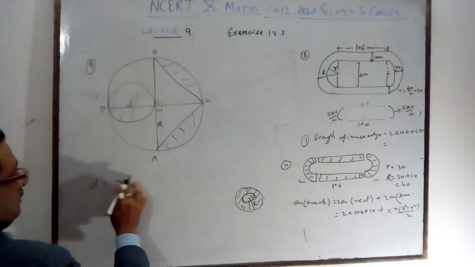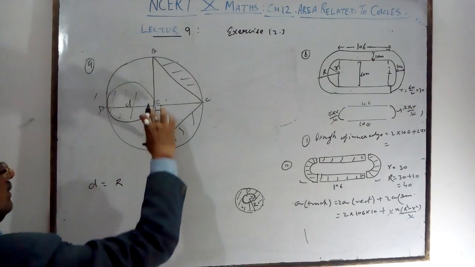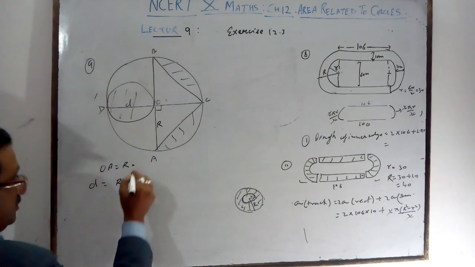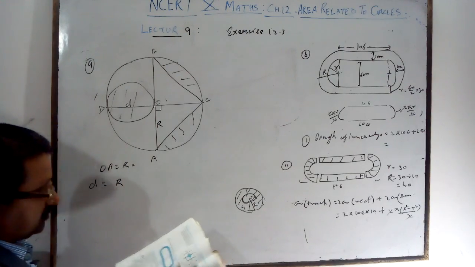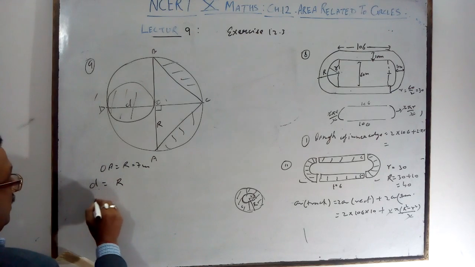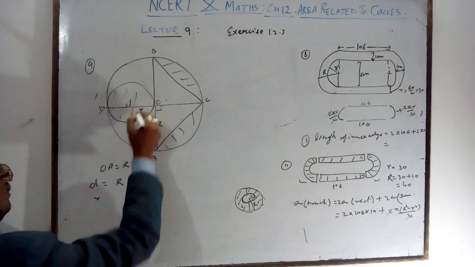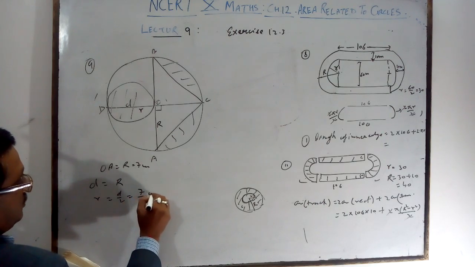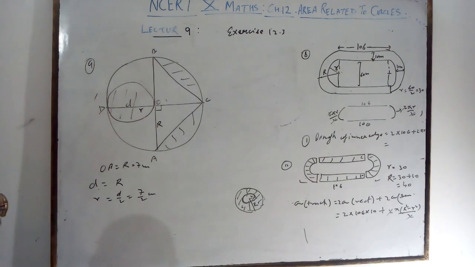It is capital R. I am taking OA. OA is equal to capital R, which is given as 7 centimeter. So D is equal to capital R. So small r, radius, is D by 2, means 7 by 2 centimeter. It is the area of this small circle.